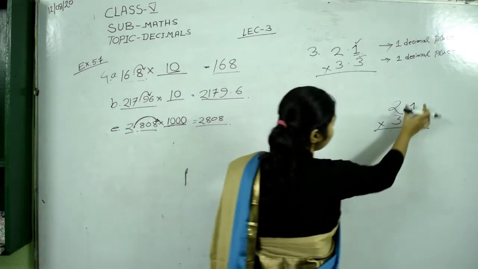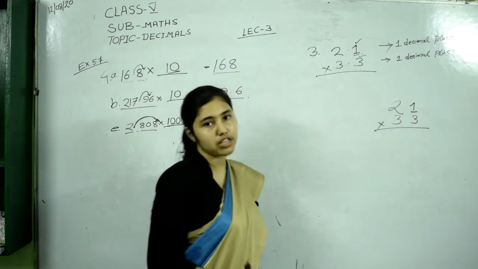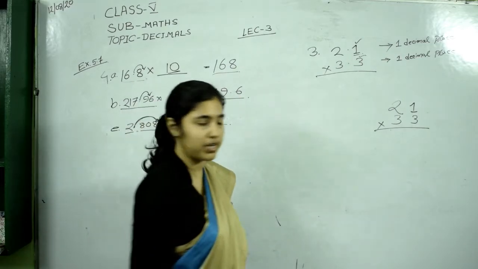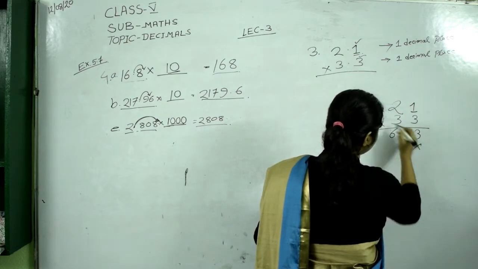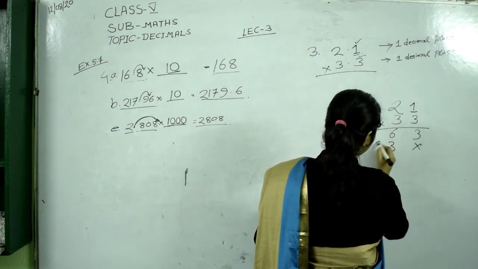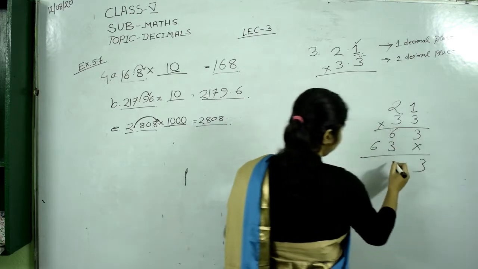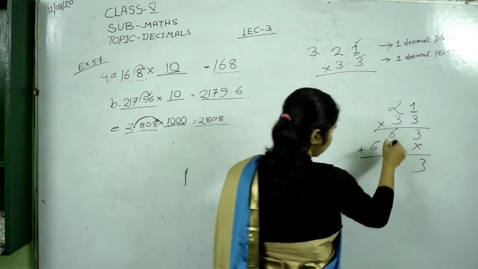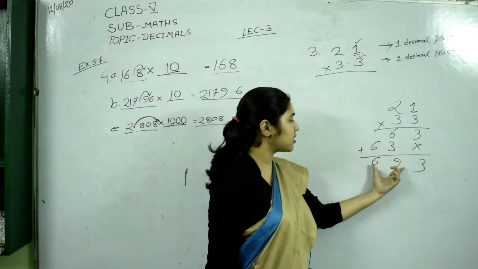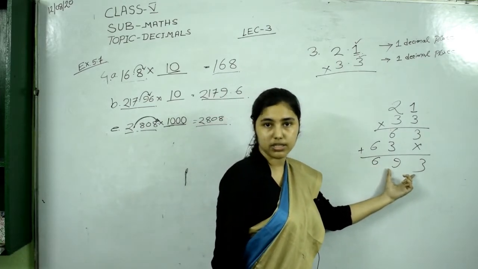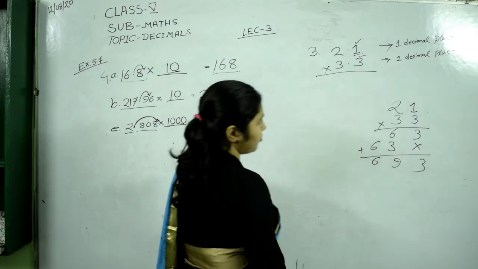So multiply these 2 numbers as we do for whole numbers. So 3 ones are 3, 3 twos are 6. 3 ones are 3, 3 twos are 6. 3, 3 plus 9, 6 plus 3, 9 and 6. So our product is 693, right?